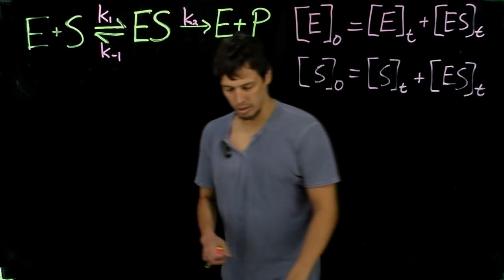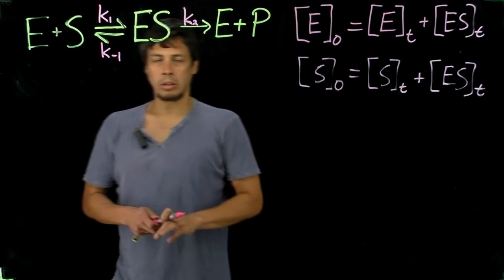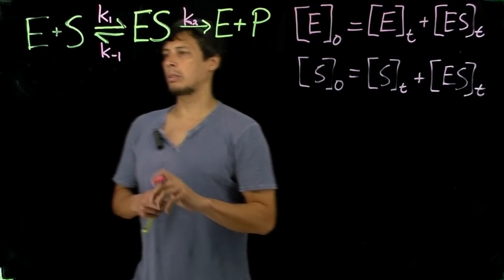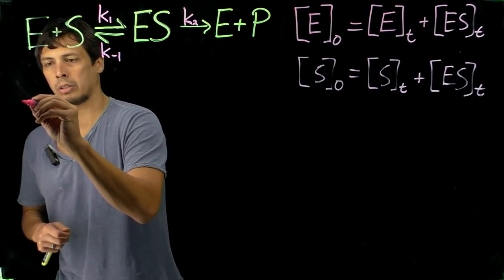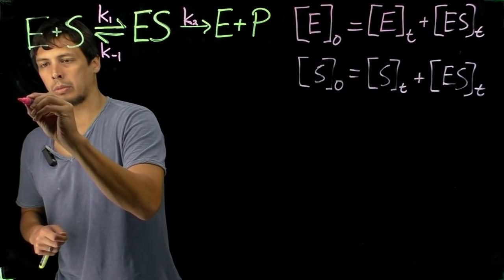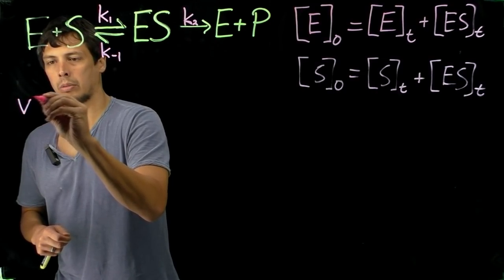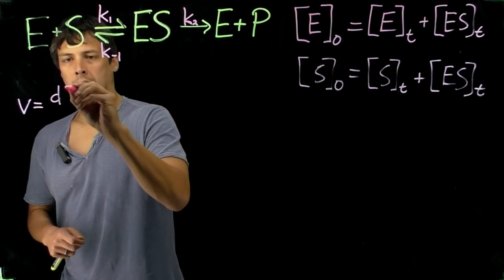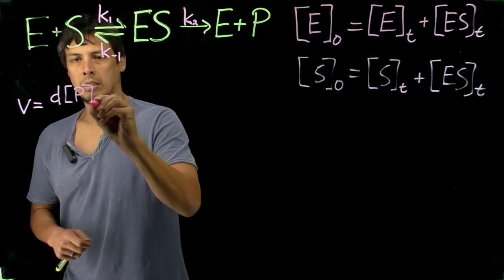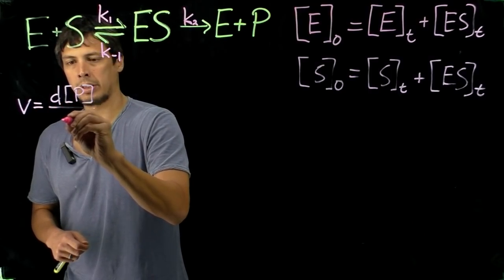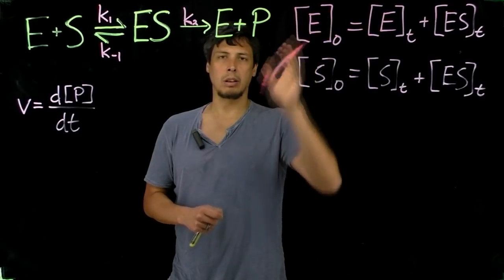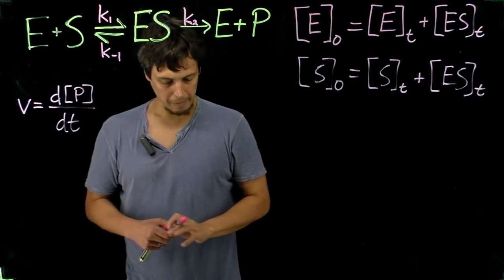Now we're going to try to figure out the rate of P. When we do this, we do what's called initial rate analysis. We define that as V, and we'll discuss this more later. We're going to define V as the change in the product P, the formation of product P over time.